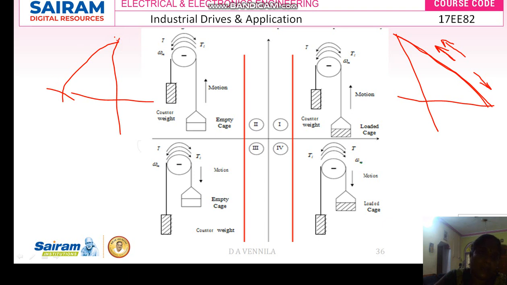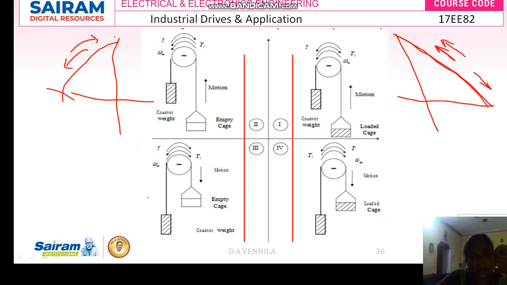Here your load torque will be like this, because the load torque is due to force of gravity, the load torque will be in a clockwise direction. The speed of the shaft is also clockwise direction. So in order to control the speed of the car, the motor torque is producing braking. That's why the motor torque will be like this.